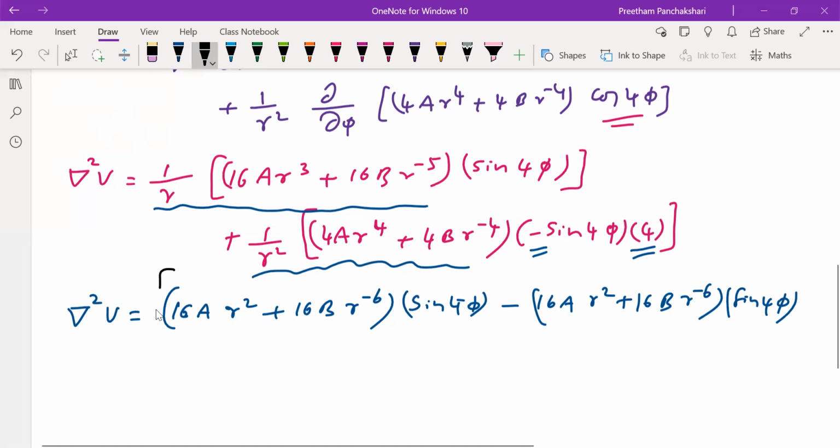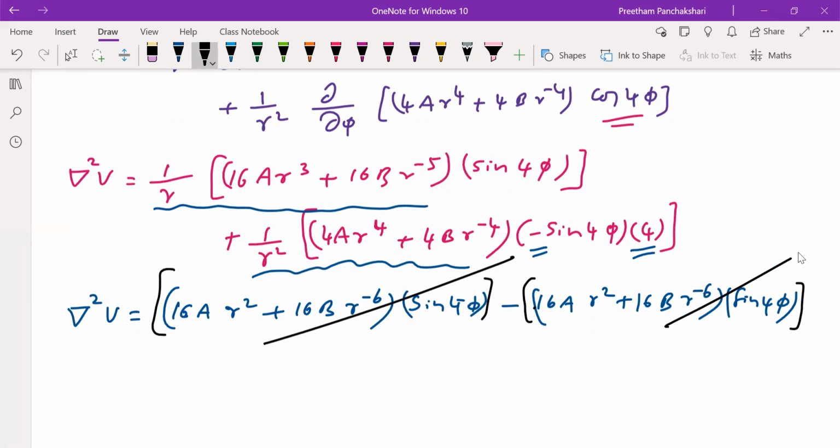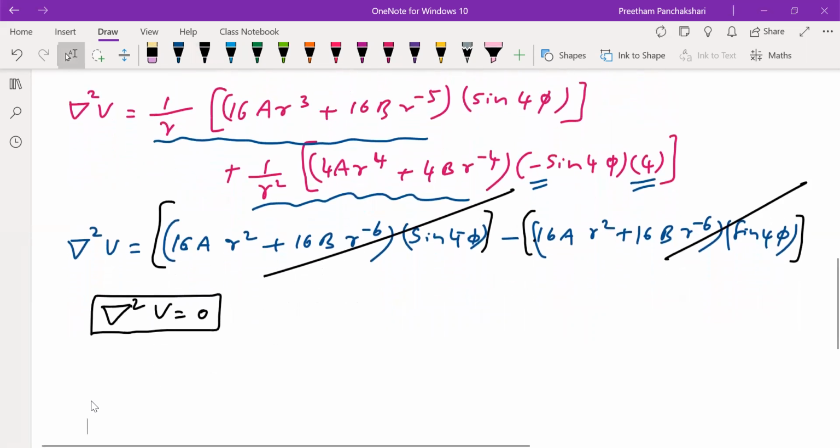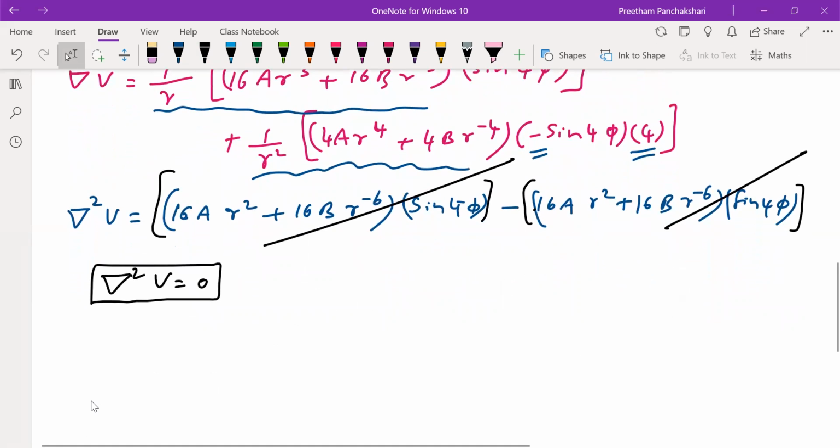So the first term and the second term are exactly the same, one with opposite polarity, plus and minus, so they get cancelled out. So this makes del square V equal to 0. So the given potential function satisfies the Laplace equation. Hence the proof.